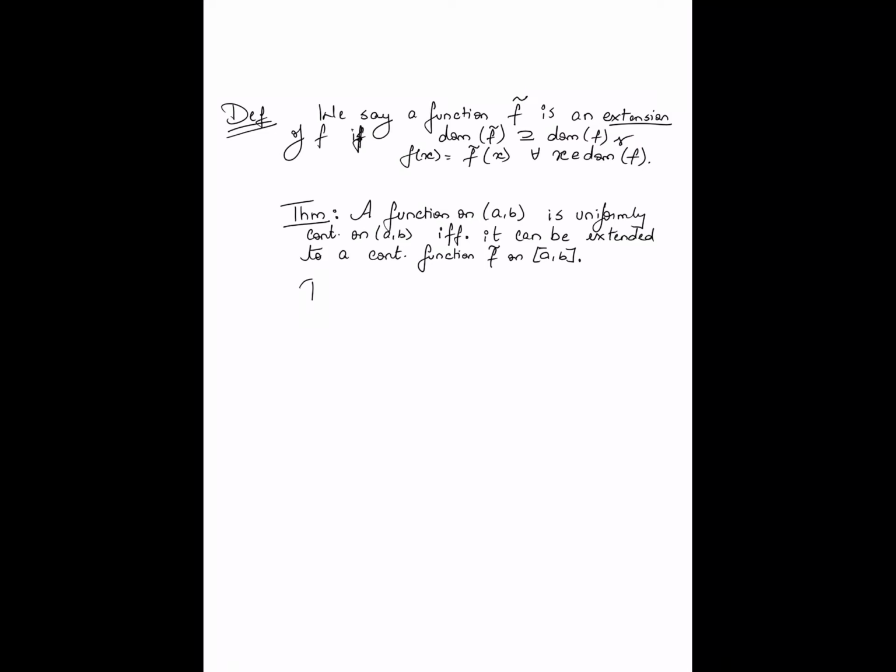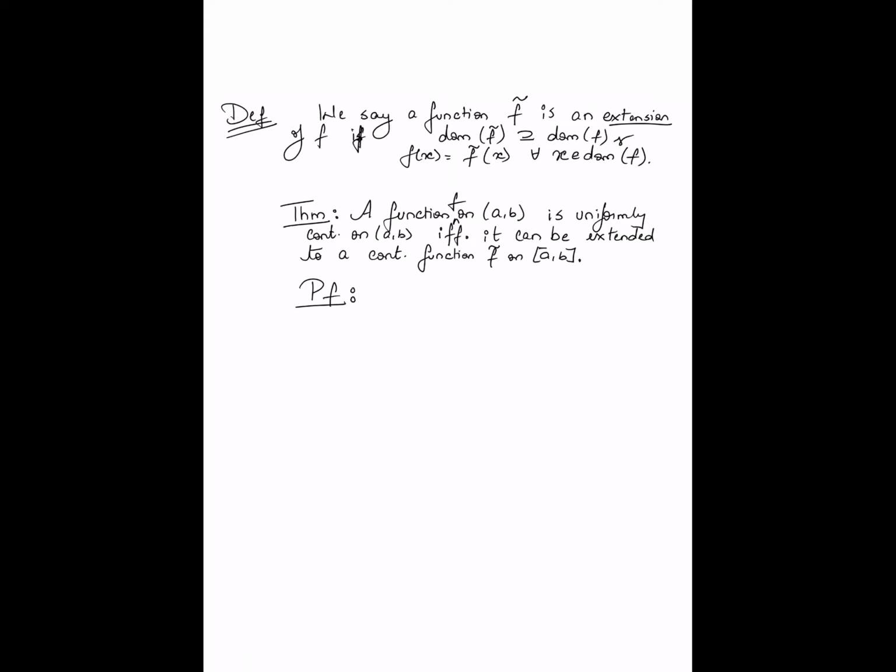Okay, now let's go through the proof for this. One side of this is fairly straightforward, which is that if there is an extension to a continuous function f tilde on the closed interval AB, the original function f is in fact uniformly continuous on the open interval.